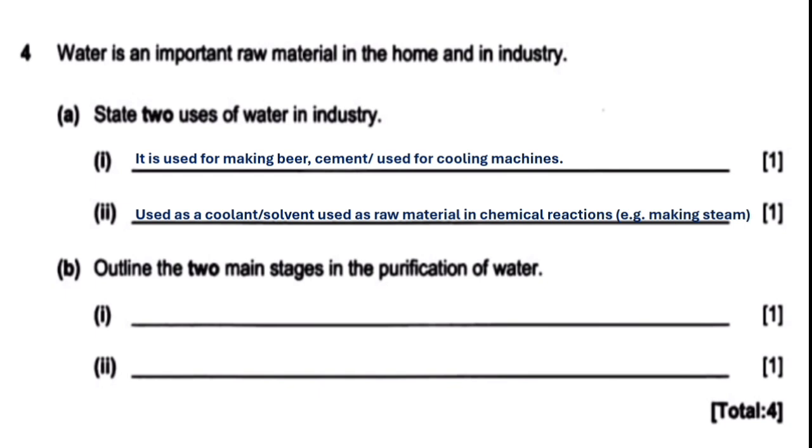Outline the two main stages in the purification of water, in the cleaning of water. What are the two stages involved? We have filtration and chlorination. Alright, filtration and chlorination. Filtration, this is where solid particles are removed from the water.